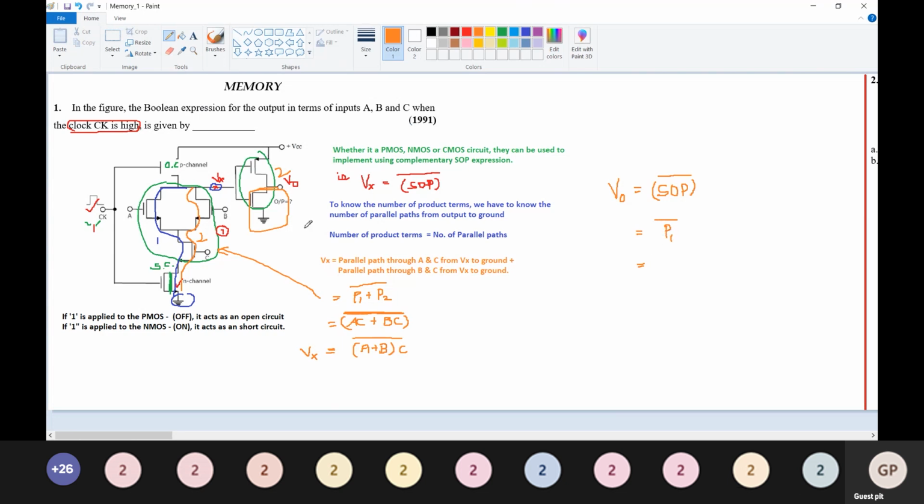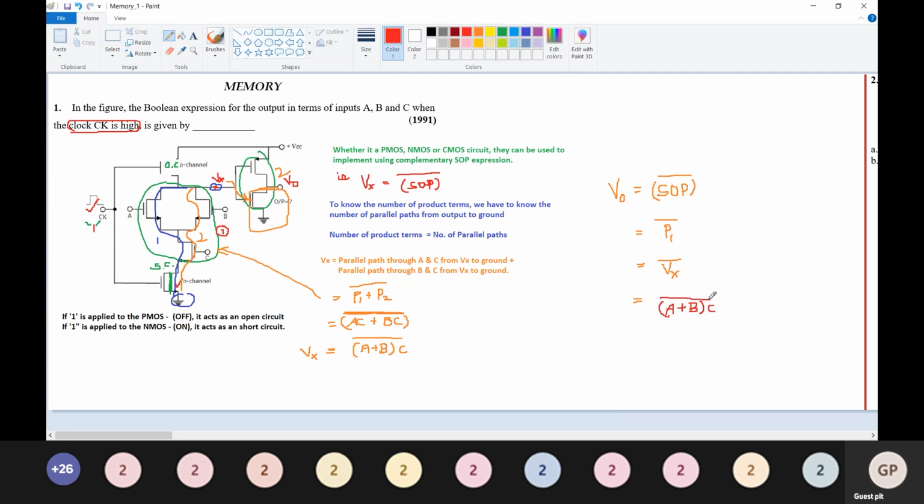So what is P1 here? What is the input for this transistor? It's nothing but this Vx, so I'll write this as Vx complemented. The expression for Vx is already written here: A plus B into C, the whole bar.